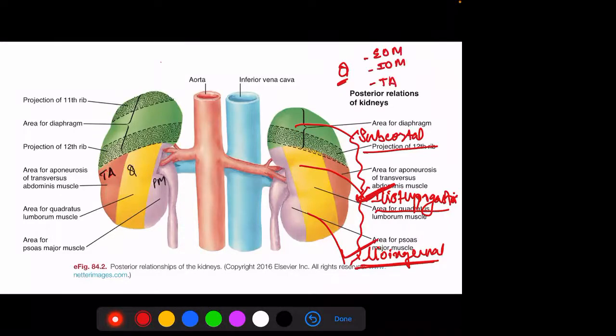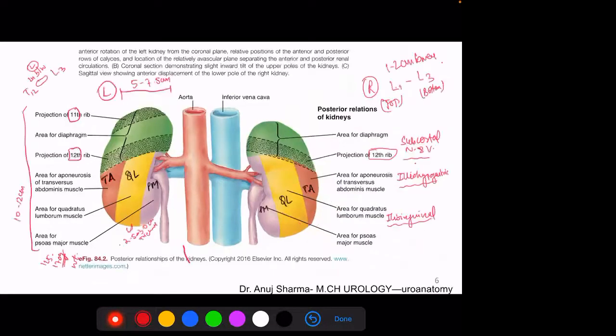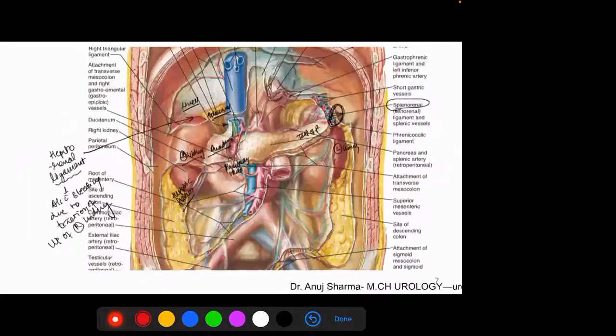These nerves are present in between the internal oblique muscle and the transversus abdominis muscle. So remember this important MCQ. Am I clear? Yes, sir.